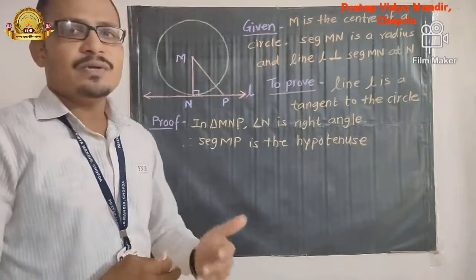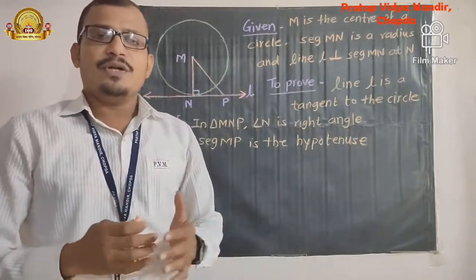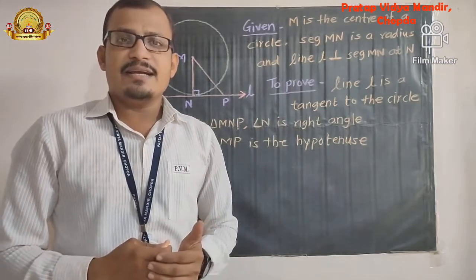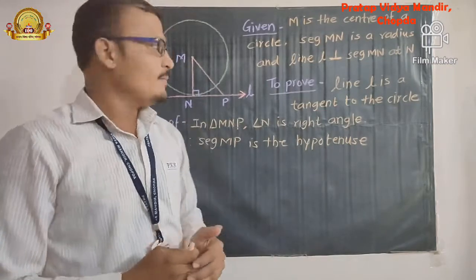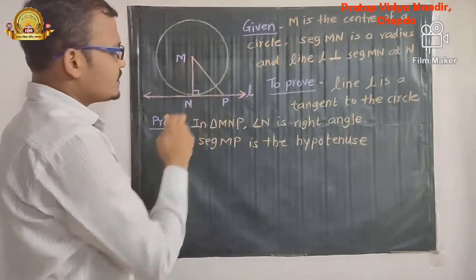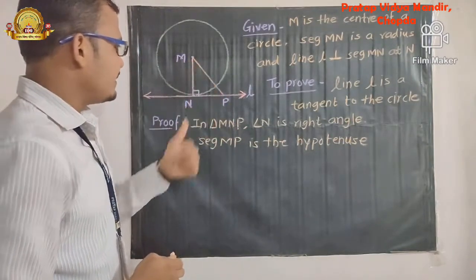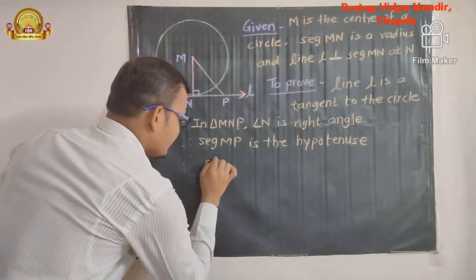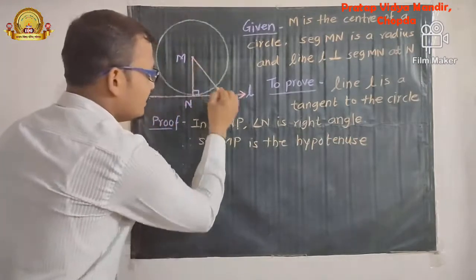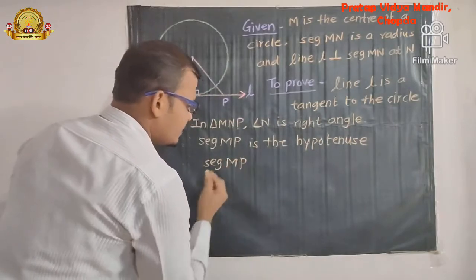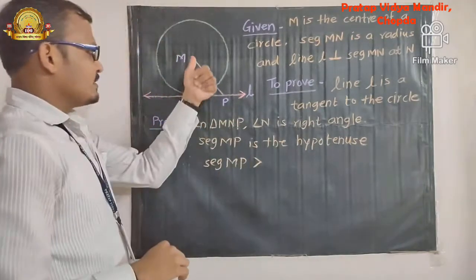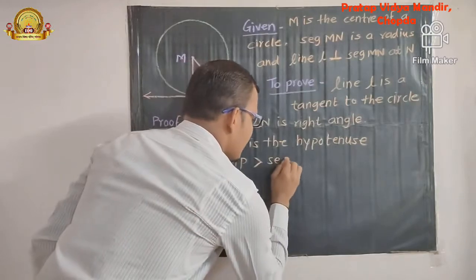Now we know that the hypotenuse of any right angle triangle is the largest side of that triangle, and hence this hypotenuse, segment MP, is greater than segment MN.